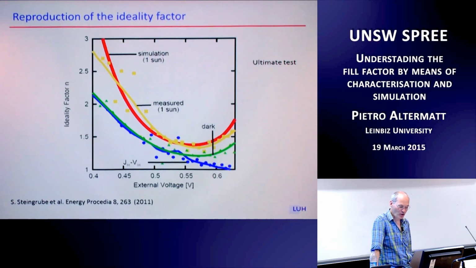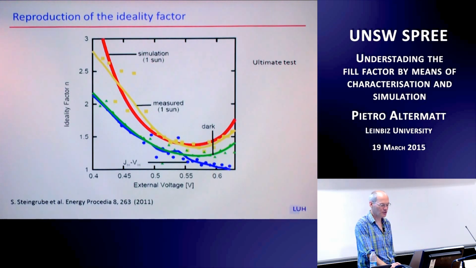But this plot is quite sensitive to your input parameters. If you do anything wrong in the simulation, it will most probably show up in your ideality factor. So for me, that's an important test before I dare to tell manufacturers, okay, I analyzed your cell properly, I'm now able to make predictions of what improvements are possible in your manufacturing, for example. So these days I mainly simulate for PV companies.